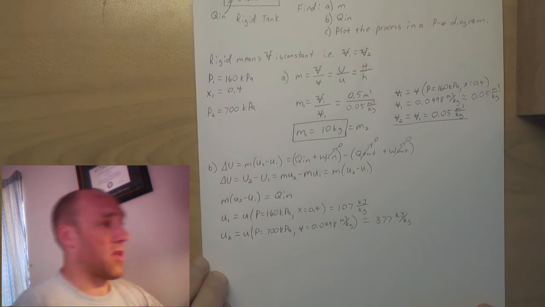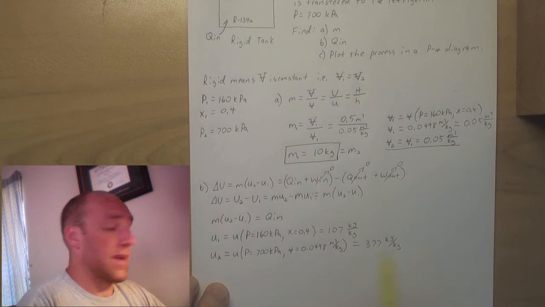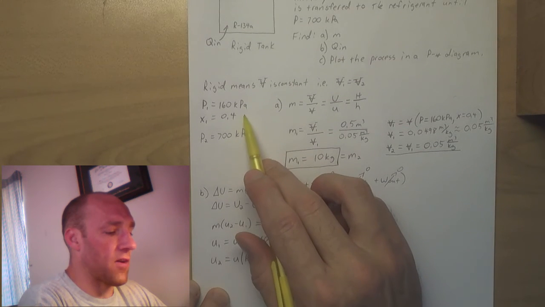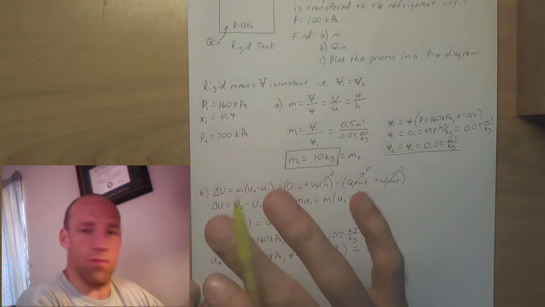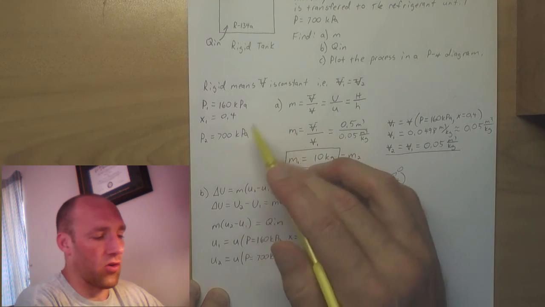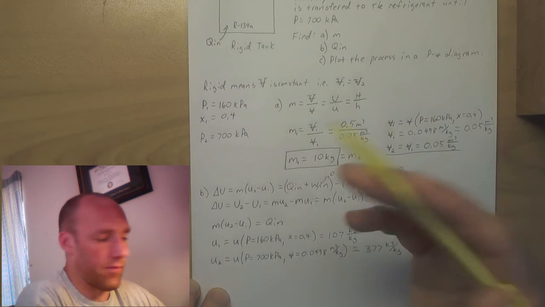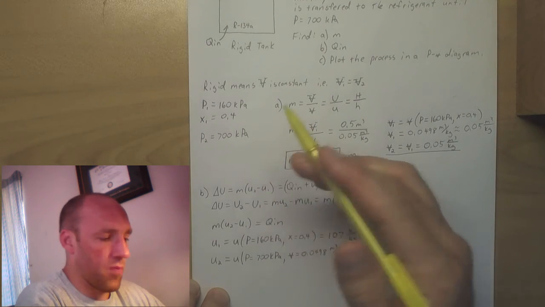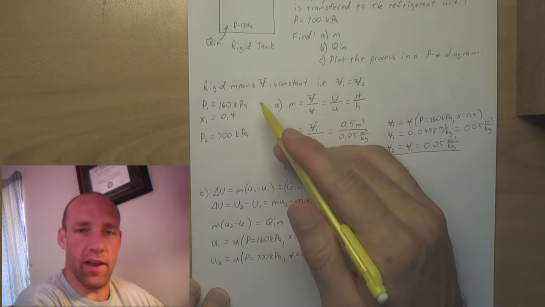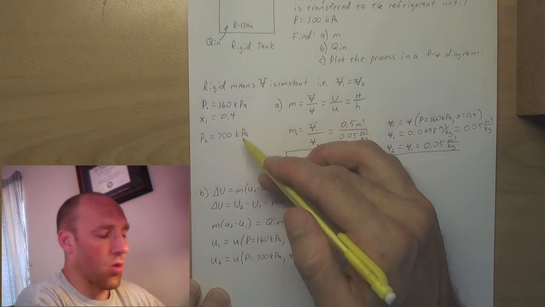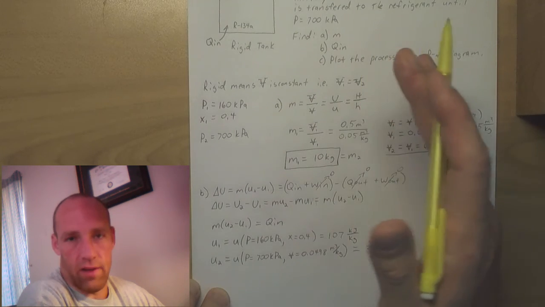So that's the trick on these problems. There's usually enough information given to fix the state at state 1, like explicitly. So I'll give you the pressure or the quality, or the pressure and the temperature, or the pressure and the specific volume, or some way of calculating it. So one of the states will be given pretty well explicitly.